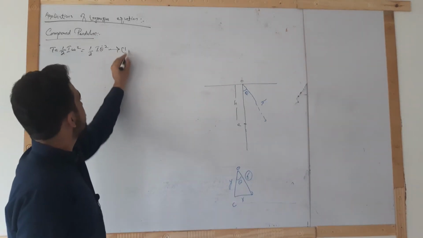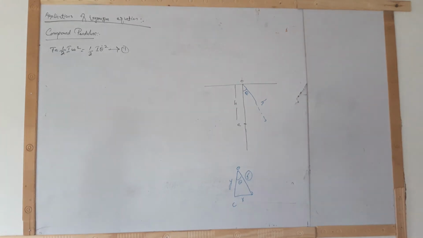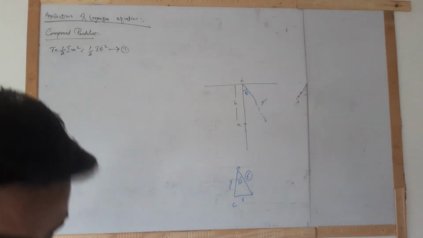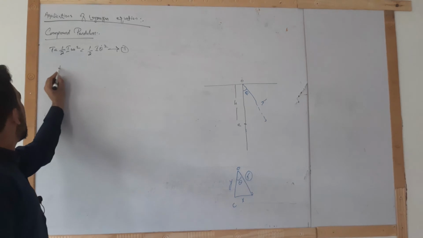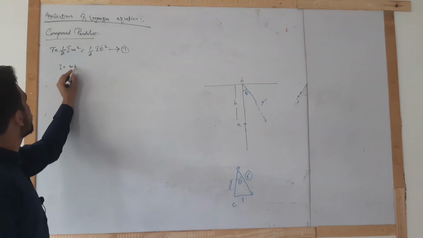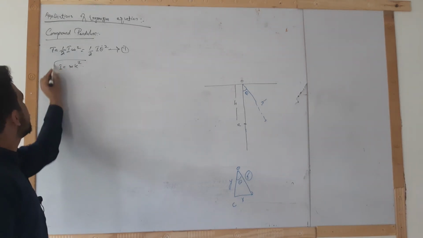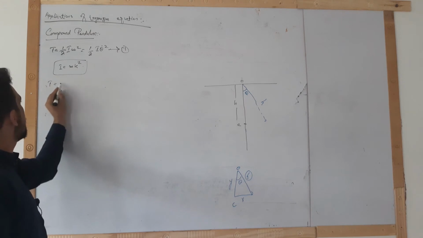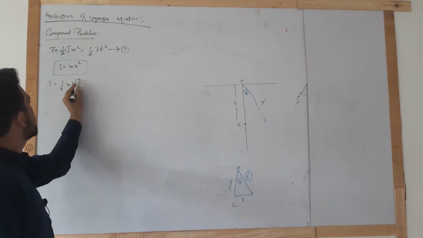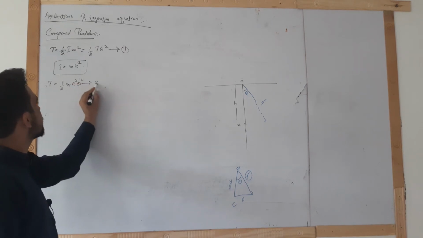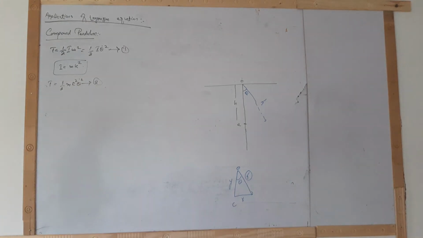Let us call this equation number 1. But the moment of inertia and radius of gyration are related by I equal to m k square. So T becomes half m k square theta dot square. Let us call this equation number 2.